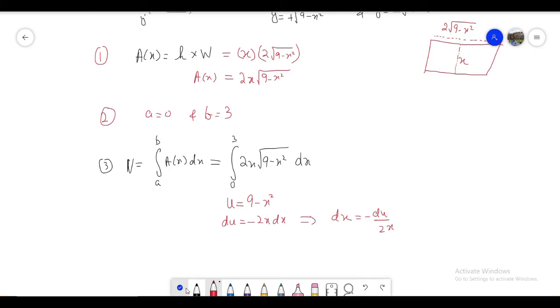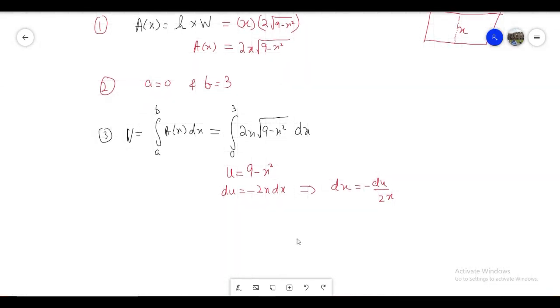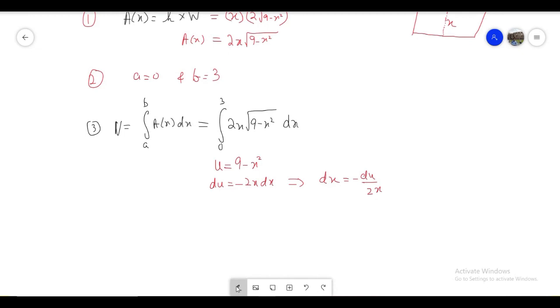Now the limits of integration change after substituting, and the 2x will cancel out, and altogether you will get the answer 18. I'm not solving the integral because we already solved it in the previous chapter. So the volume is 18.